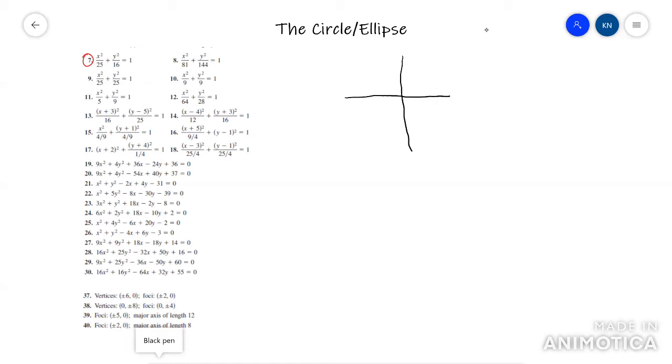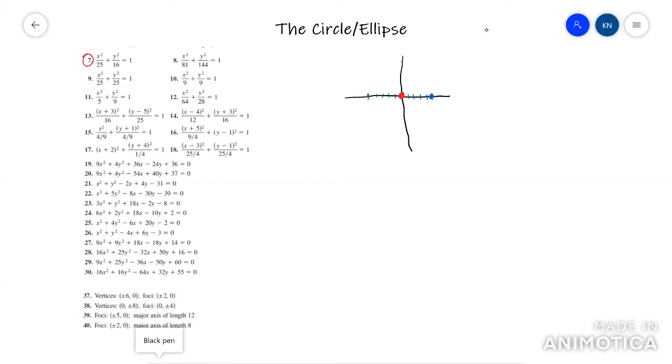So if I was approaching this problem, I would go get my start, my center, which is 0, 0. And then in terms of this ellipse, for the x, so left, right, I'm going the root of 25, which is 5. So that's 5 to the right, 5 to the left.